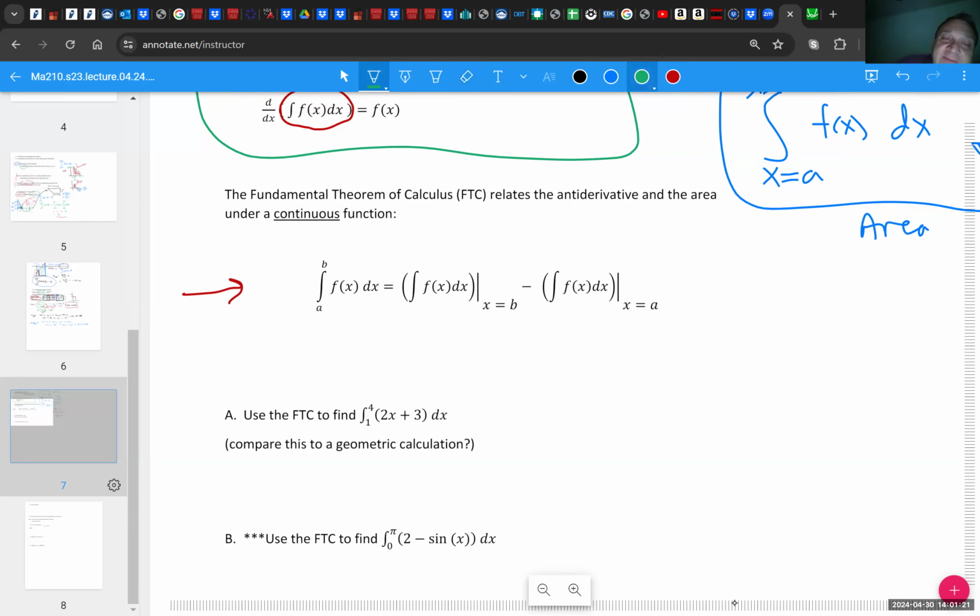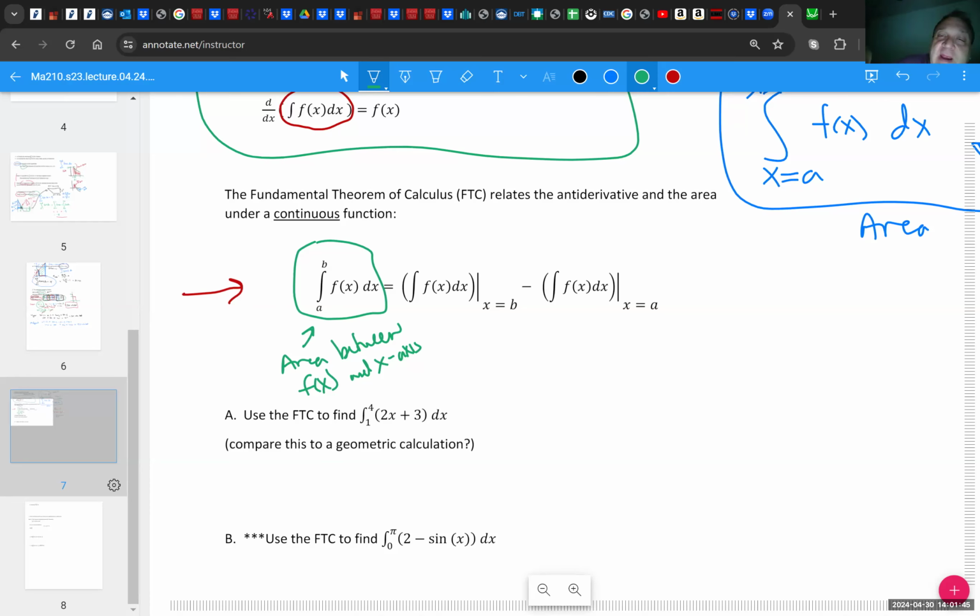So here on the left-hand side, that is the integral notation with the a and the b there. So this is just the area between f of x and the x-axis. That was the first integral notation we learned.